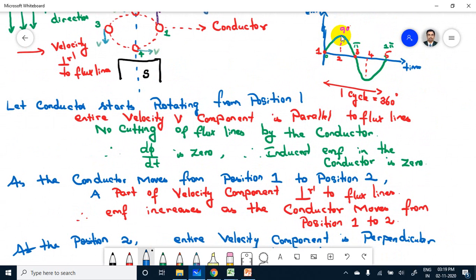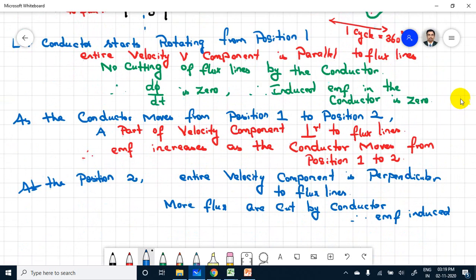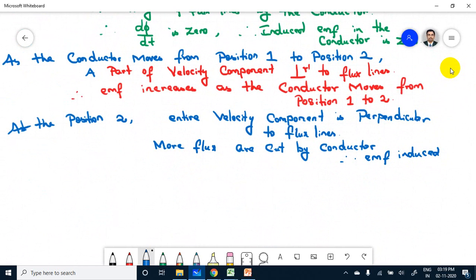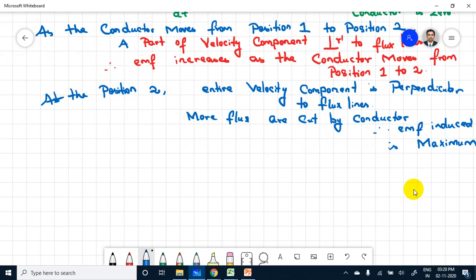That is this point here. The EMF induced is maximum.